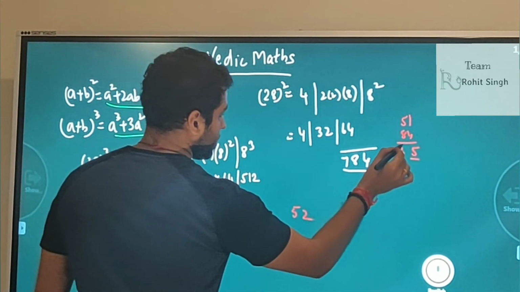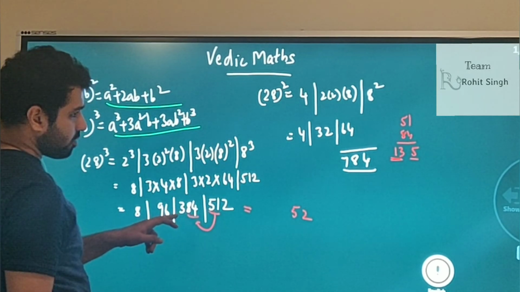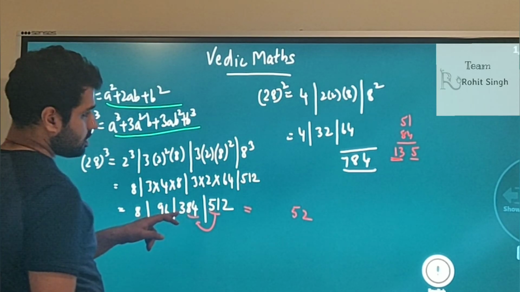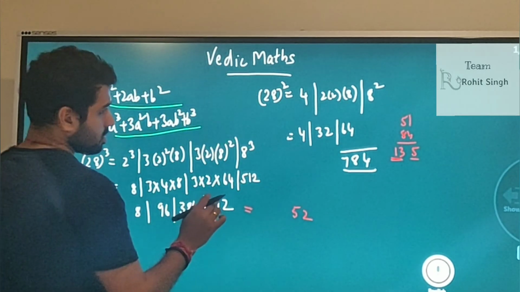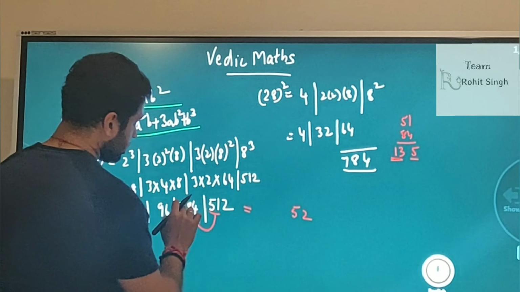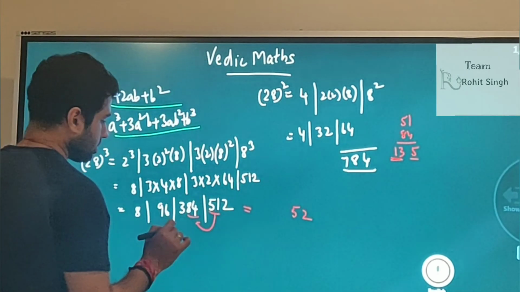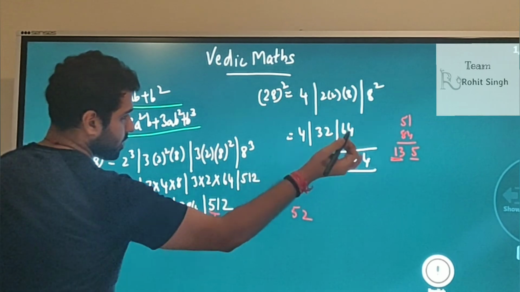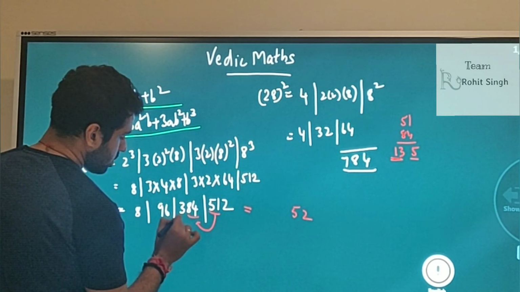Now 13 is there over here. Here we have one more place that is left, which is 3. And this 1 gets added to this 3. Or else we will write it like this. Now 84 we have taken already. So we have to write this value over here, right?